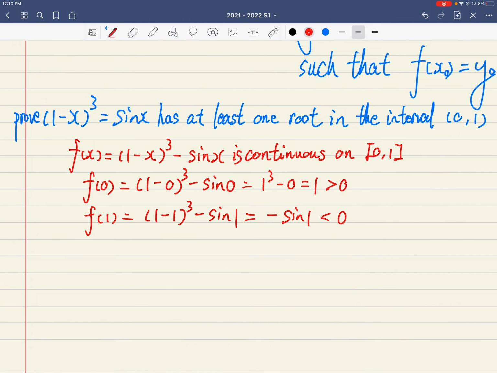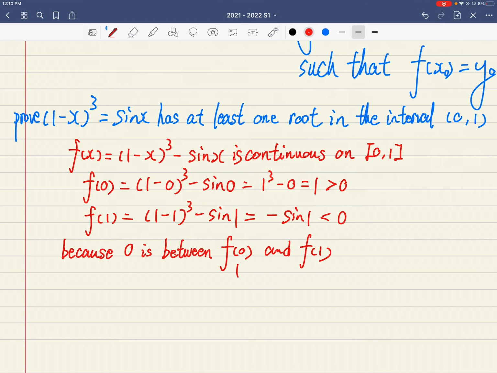Sorry, f(0) is 1, a positive number, and f(1) is negative sine 1, a negative number.